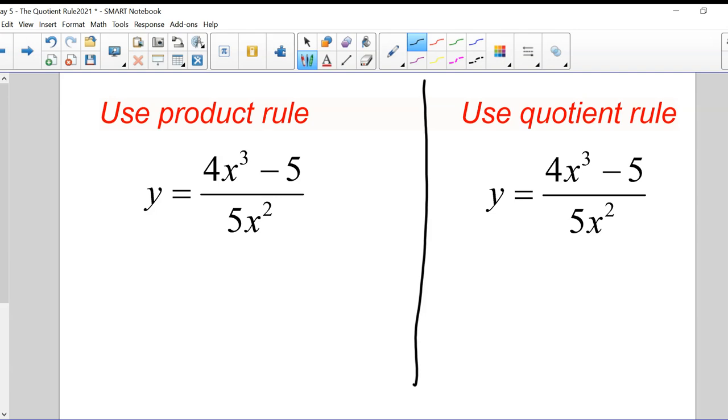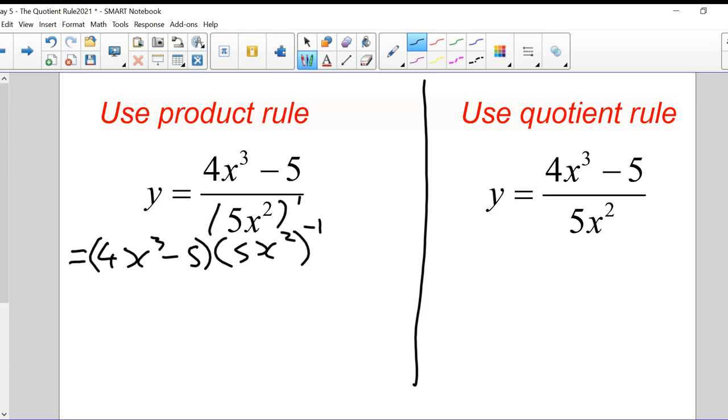All right, let me show you what I'm thinking of then. I'm going to rewrite this as 4x^3 minus 5, and then 5x^2 to the power of -1. Theoretically, there's another thing I could have done. I could distribute that -1, because this whole thing is being raised to the power of 1 right now. So I can raise that whole thing to the -1.